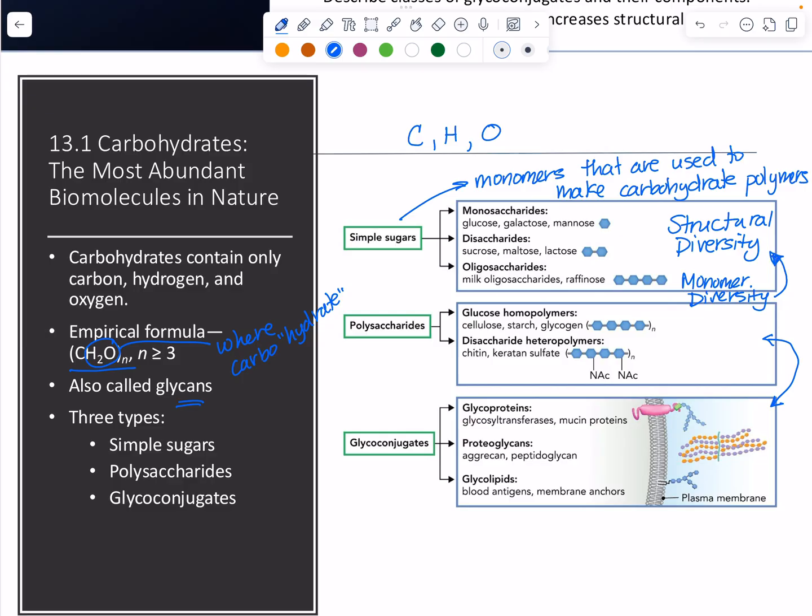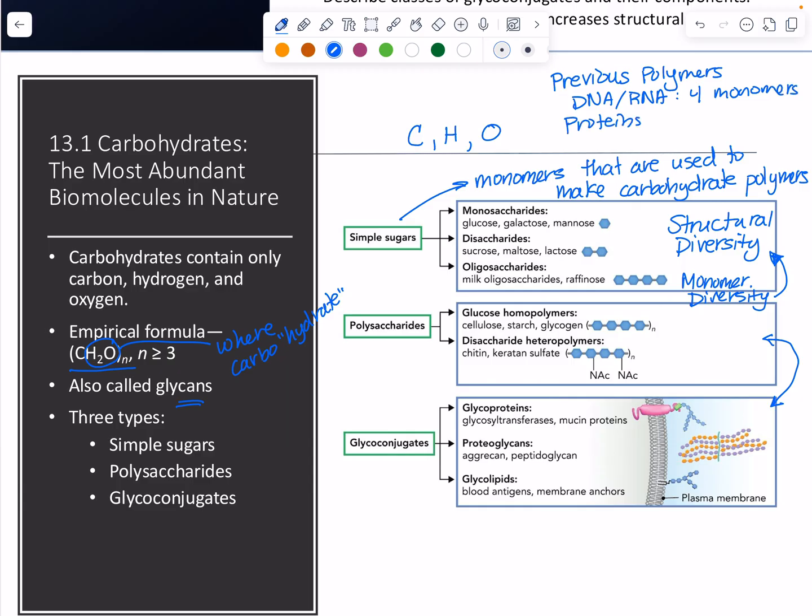When we talked about our previous biopolymers, DNA and RNA, our nucleic acids, they only had 4 building blocks, right? So if we look at our previous polymers, our nucleic acids have 4 monomers.